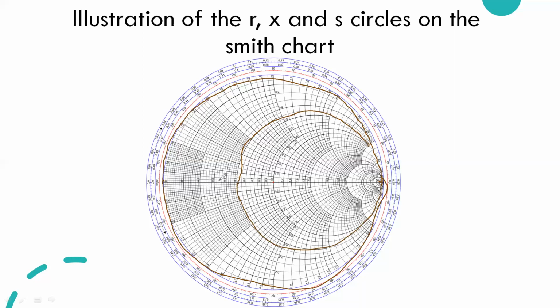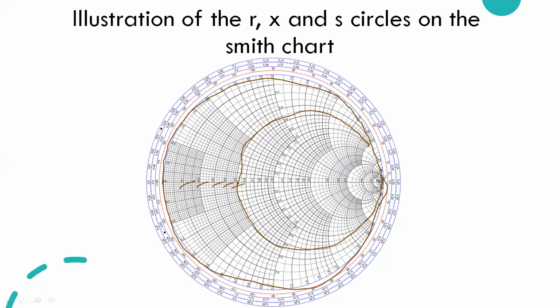In between these two, you can see the values of R equal to 0.1, 0.2, 0.3, 0.4, 0.5, and it goes on. As we have seen in the previous slides, the table shows that as the resistance value increases, the radius of the circles continuously decreases and it becomes 0 at infinity.